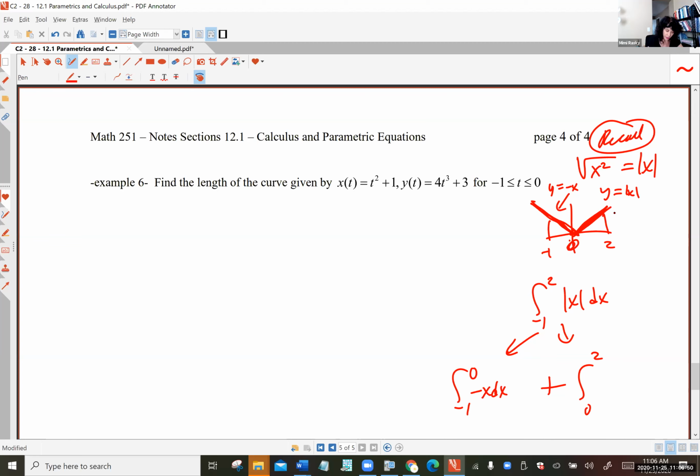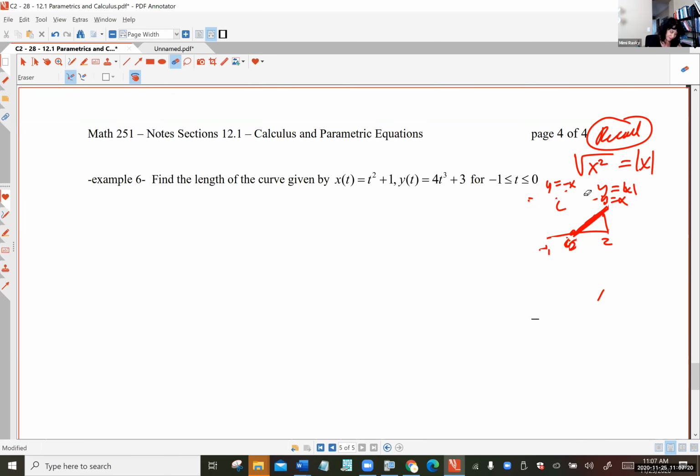The one on the right-hand side has the positive slope, so y equals +x, and then you add the results. That's how you would integrate an absolute value. This is important that you know this. If you didn't learn that in Calc 1, I just filled in some gaps for you. This is going to become important because this problem is a little bit weird, and it needs this handy fact.